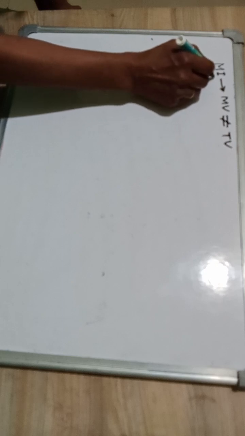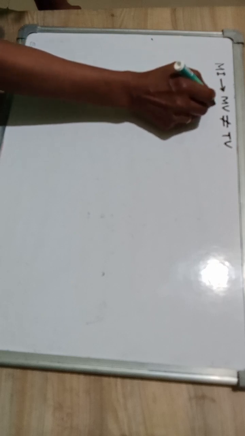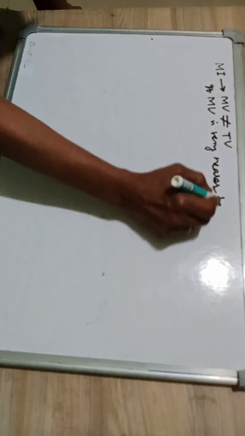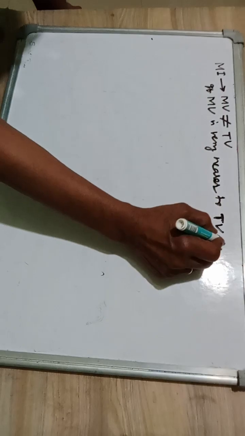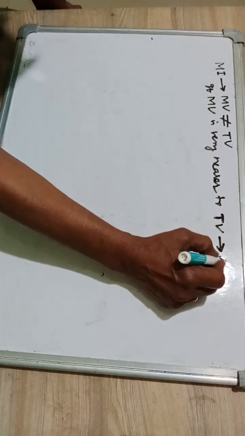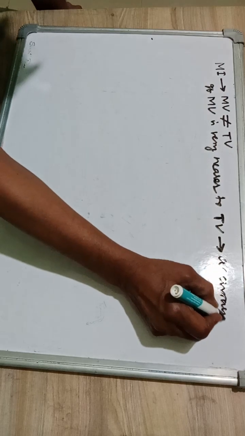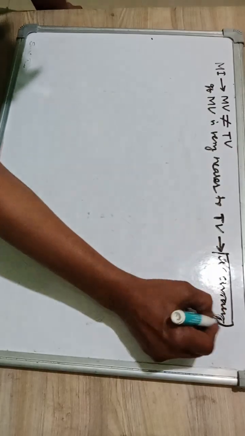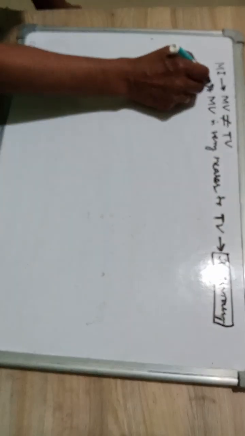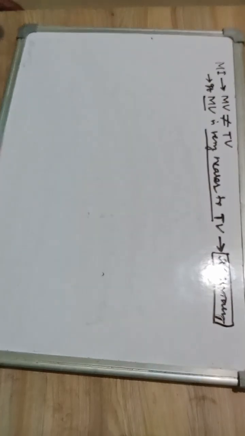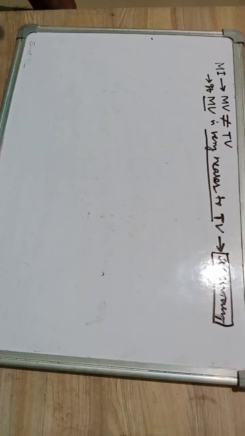Here two terms will be used. If the measured value is very near to the true value, then we say that the measuring instrument is accurate. Accuracy of that measuring instrument shows how near the measured value is to the true value.